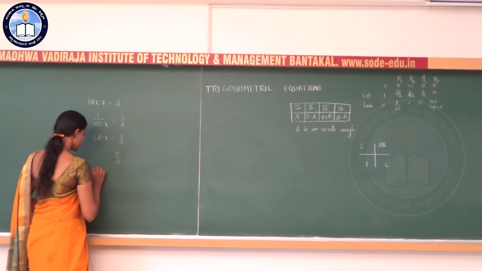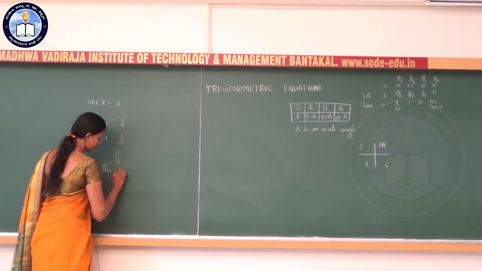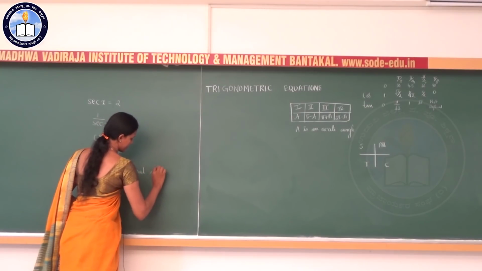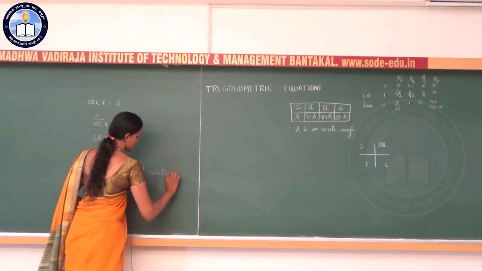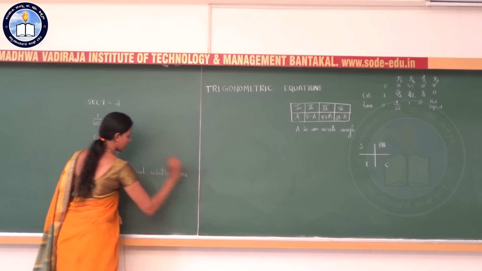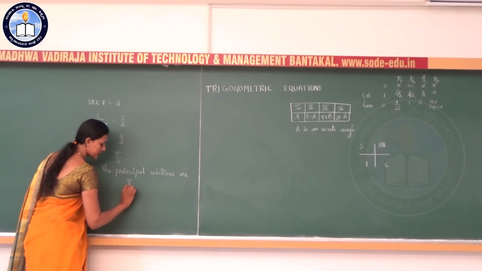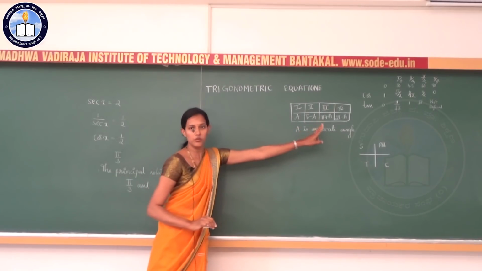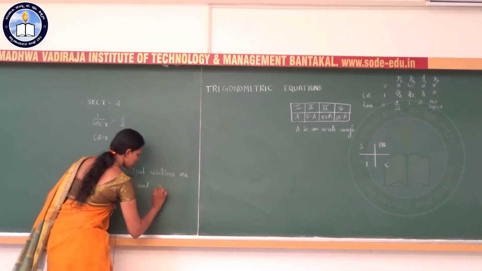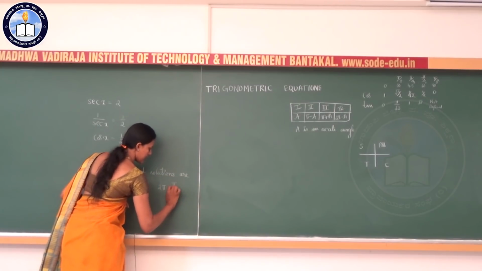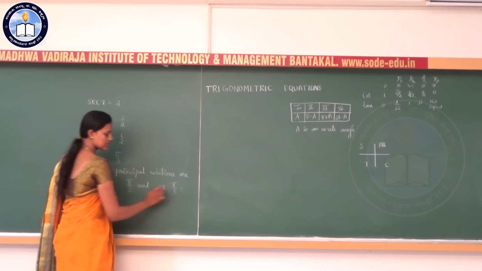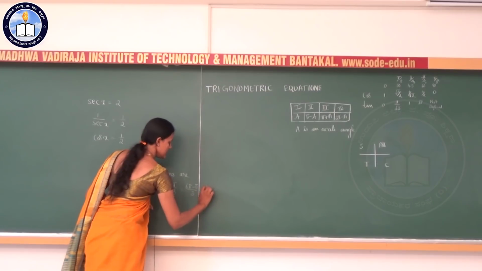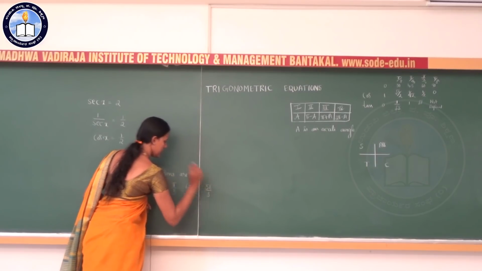So the acute angle is pi by 3. So the principal solutions are pi by 3, and in the fourth quadrant it is 2 pi minus A. So it is 2 pi minus pi by 3, which is 6 pi minus pi by 3, or 5 pi by 3.